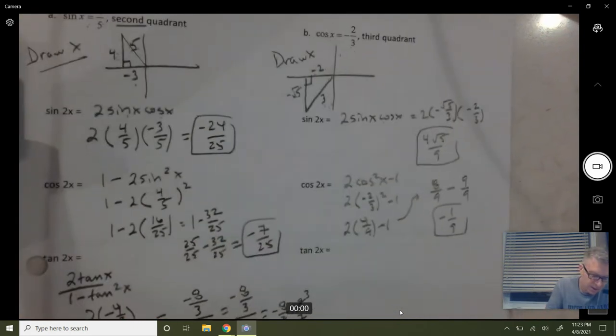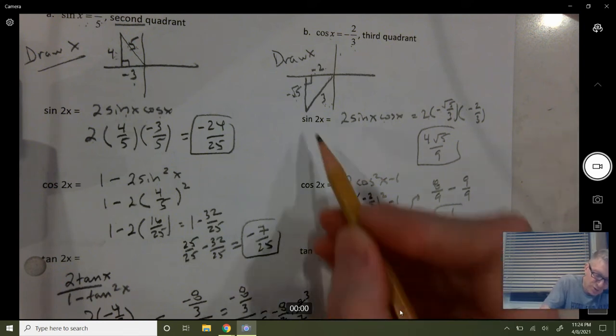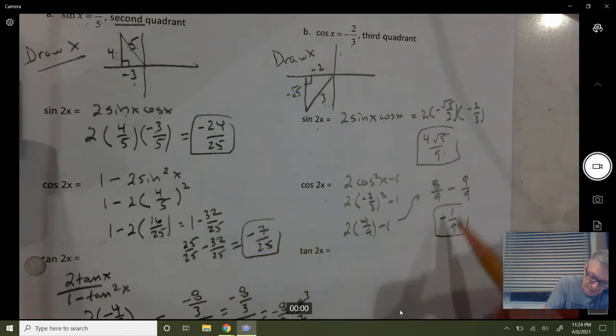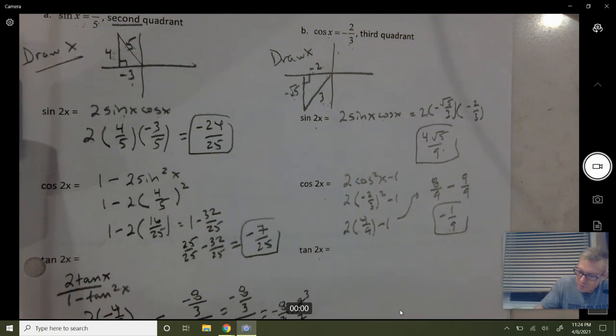Tangent 2x. Another thing that we could do, tangent 2x, we could just do sine 2x over cosine 2x and divide these. Okay? Or we can use the formula. Let's practice using the formula.